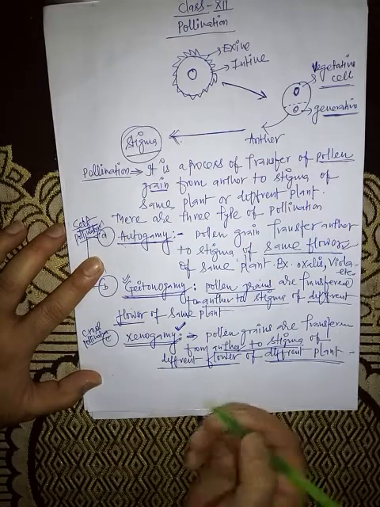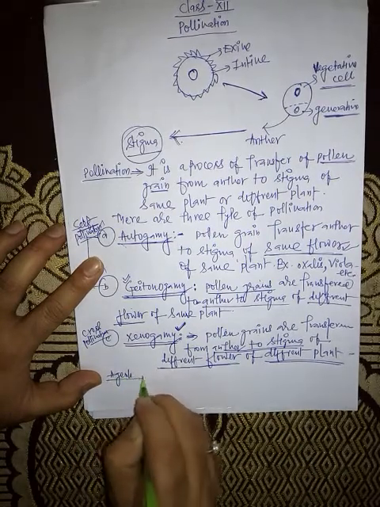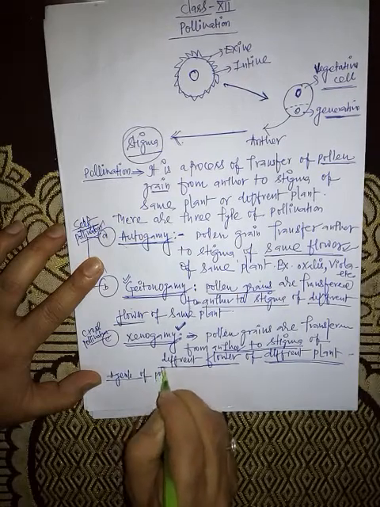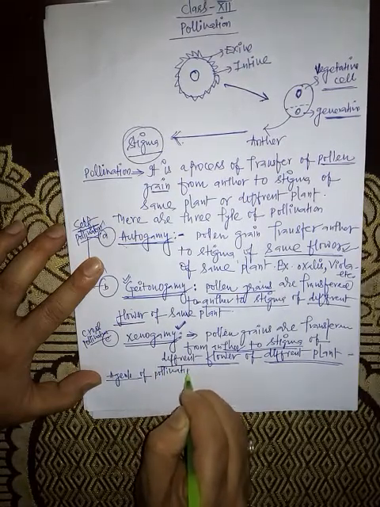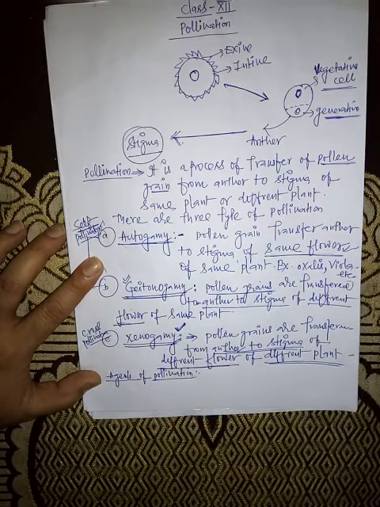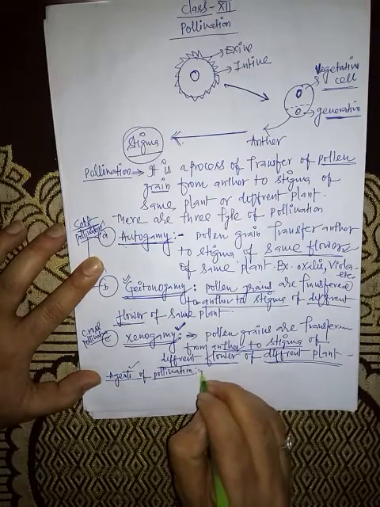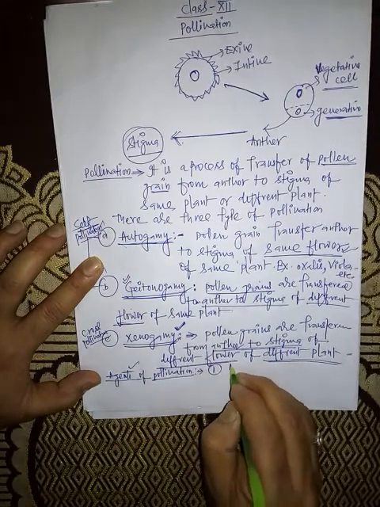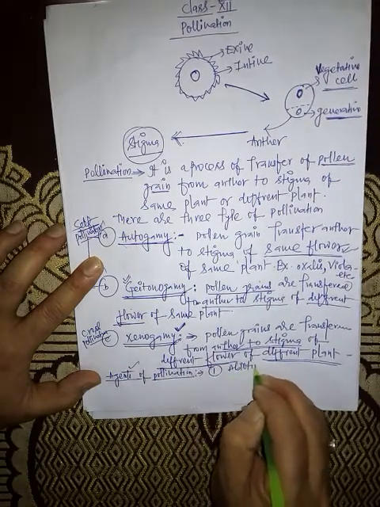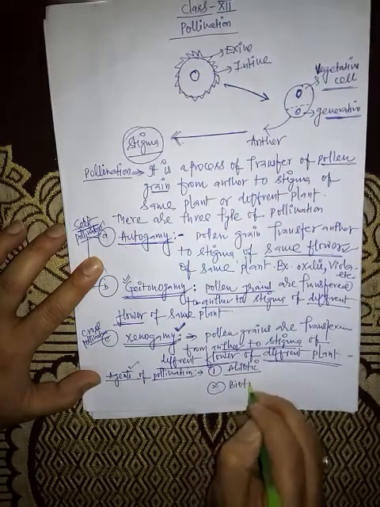Agents of pollination. Next topic, agents of pollination. Those factors which help in the transfer of pollen grains are called agents of pollination. These agents can be of two types, abiotic and biotic.